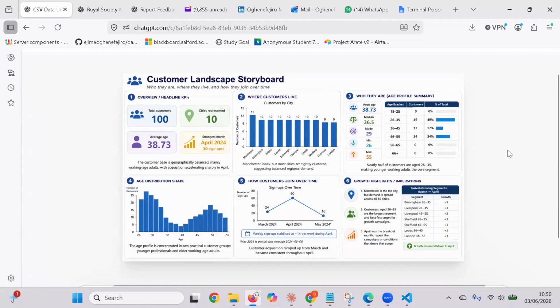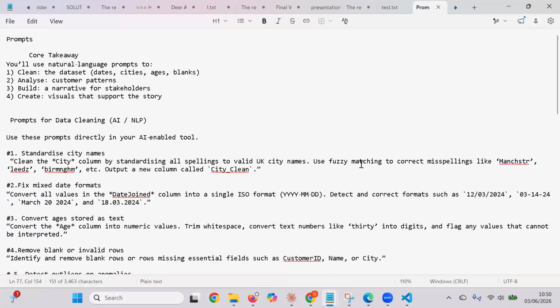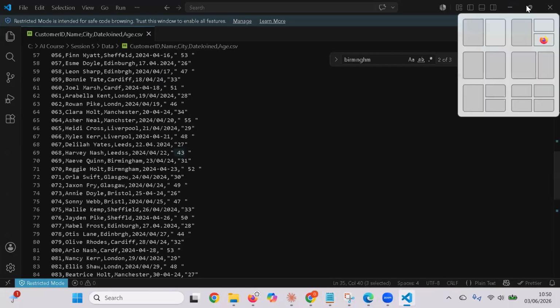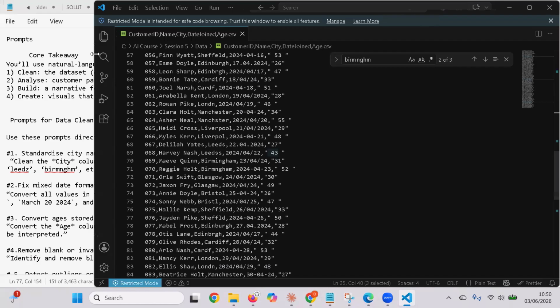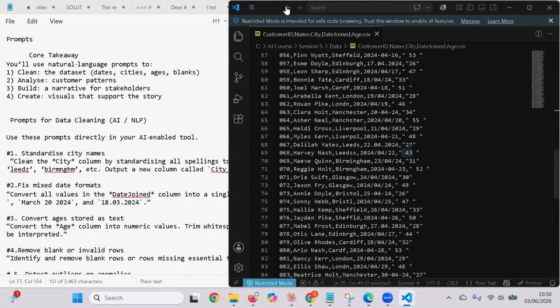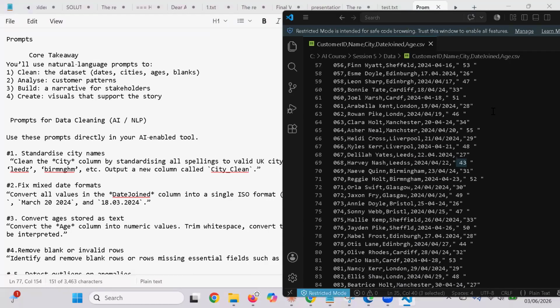Yes. To come up with this prompt, let me put this side by side. Coming up with this prompt was really simple.